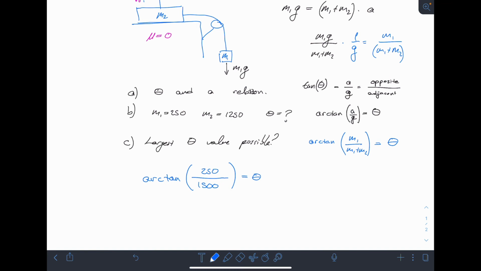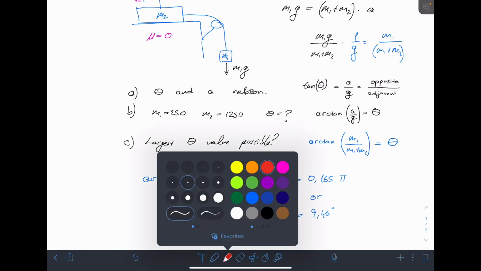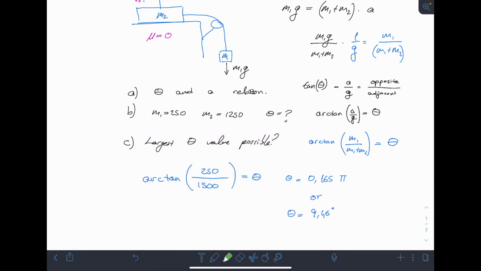And this gives us the result of theta equals 0.165 pi, or theta equals 9.46 degrees. This makes it seem like it's wrong, so we will mark it like this. Perfect.